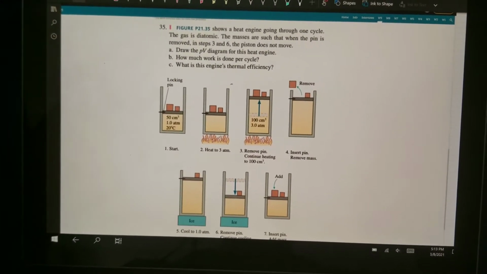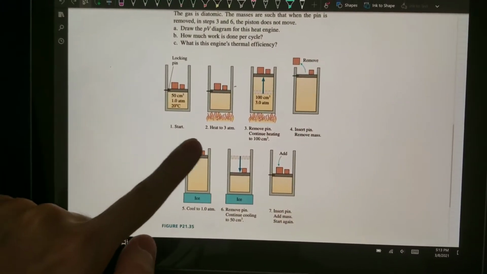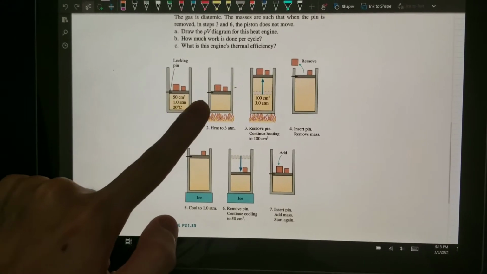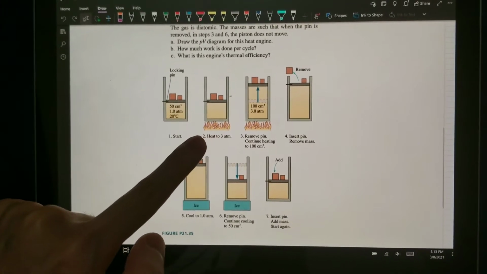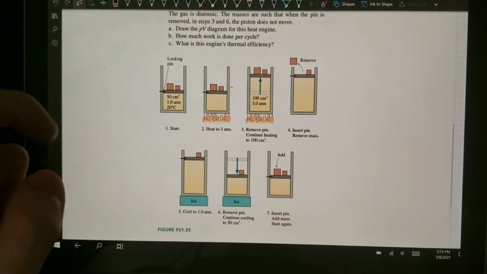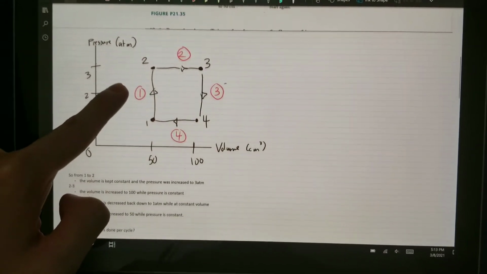First off, we have to draw a PV diagram, which we can do by reading these steps right here and paying attention to the locking pin, keeping the volume constant or not constant between each step, or keeping the pressure constant or not constant. You can see what I mean right here.